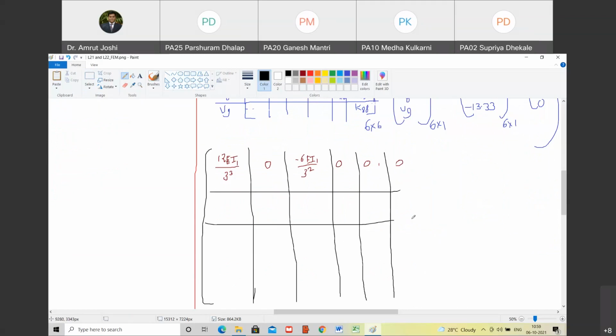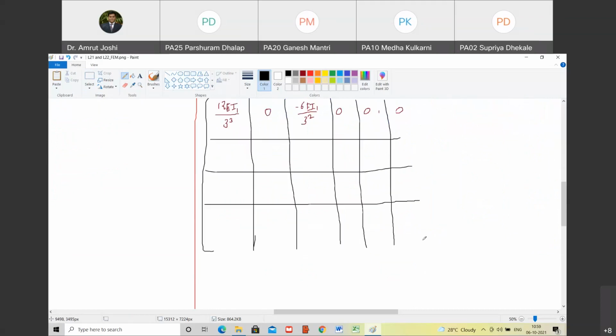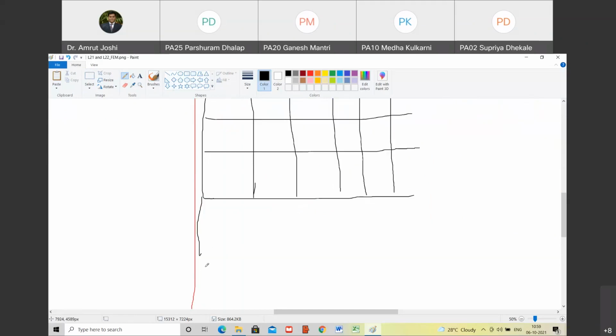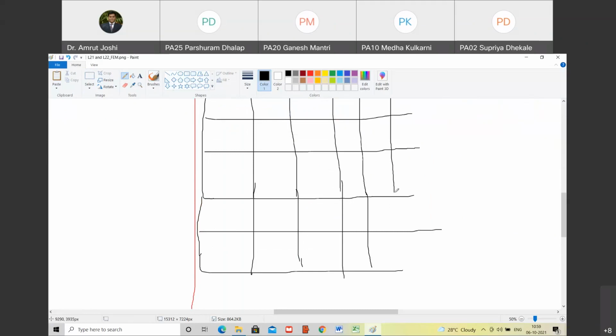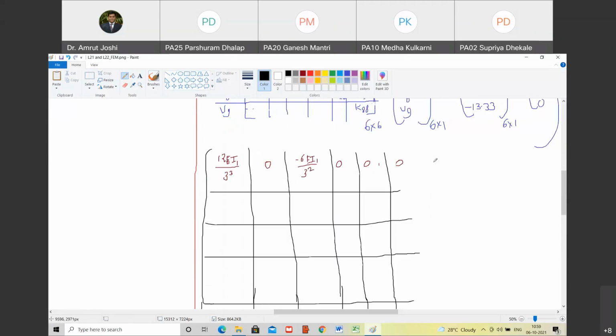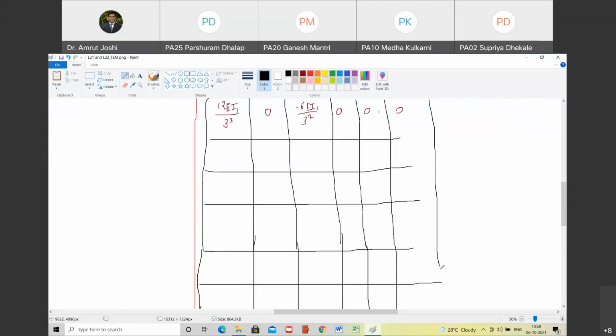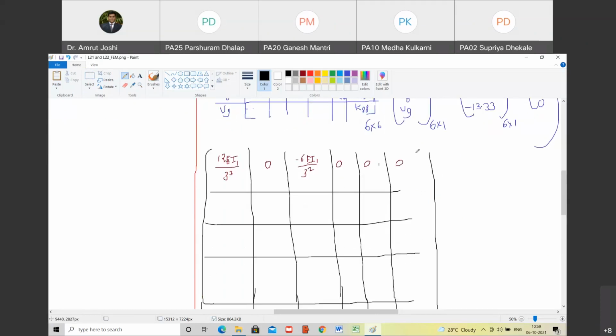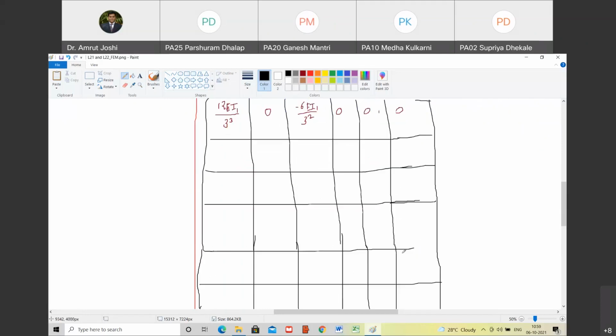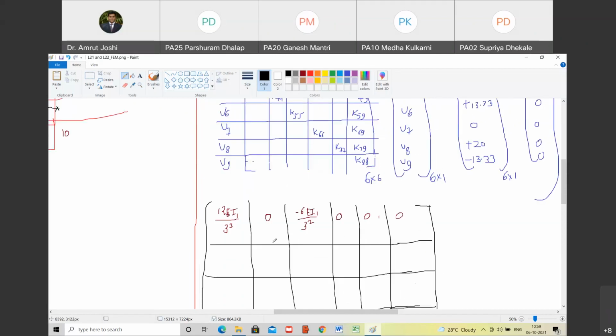Second, third, fourth, fifth, and sixth. I am just completing this K matrix. Okay, चलो. So 12, ये first row तो हो गया.